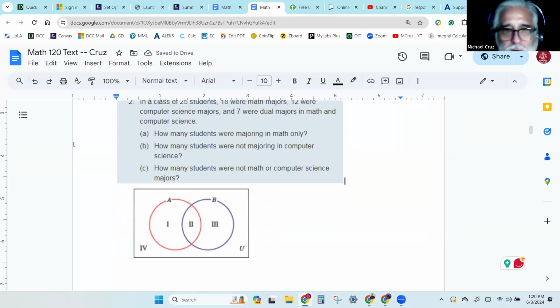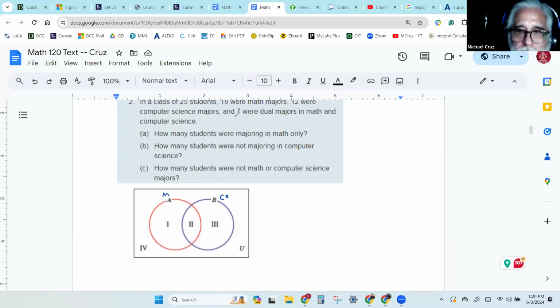So let's make this math and this the CS side, computer science.